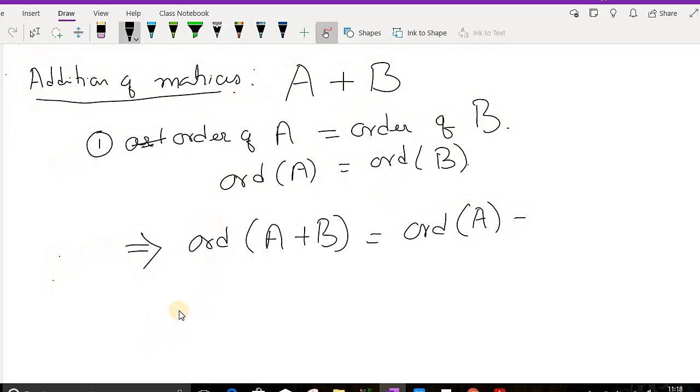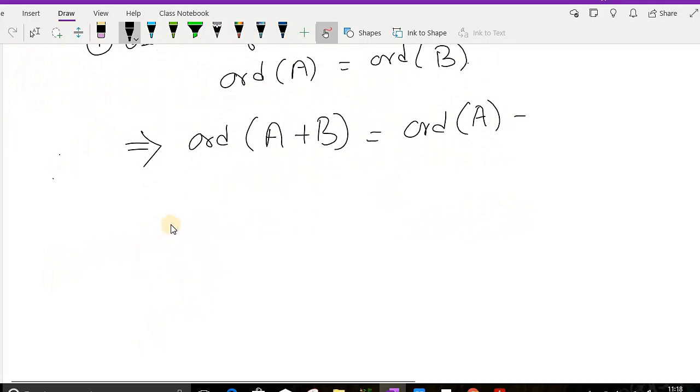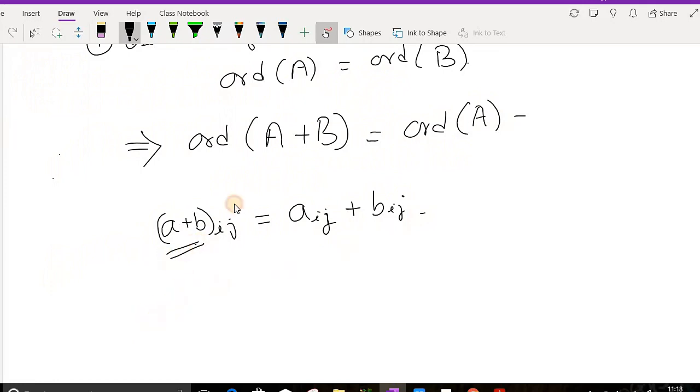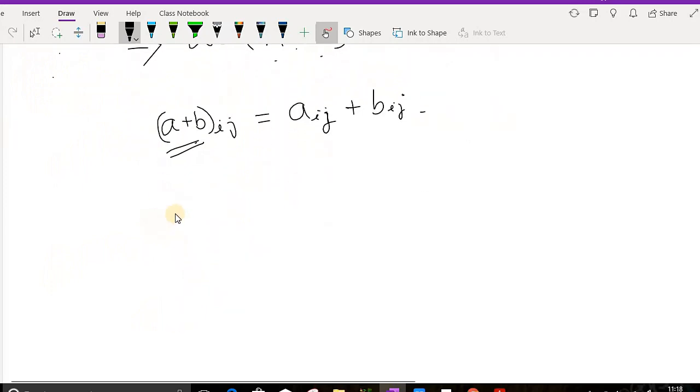Then the definition says the element (A plus B)ij is equal to Aij plus Bij. That's it, nothing else. This is the element of A plus B. So let me give you one thing. Here when I write A plus B, this is a different matrix, this is a different matrix, and this is a different matrix.